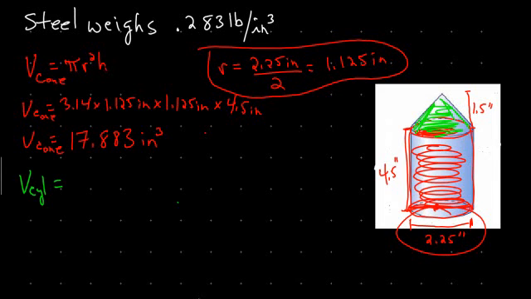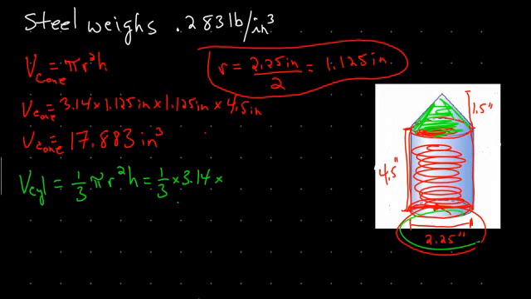Okay, and what did we get for our formula for that last time? I believe we got 1/3 pi r squared h. And that's going to equal 1/3 times pi, 3.14, times r squared.